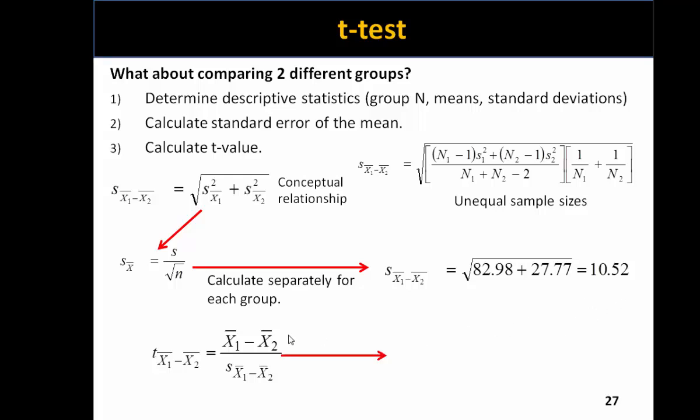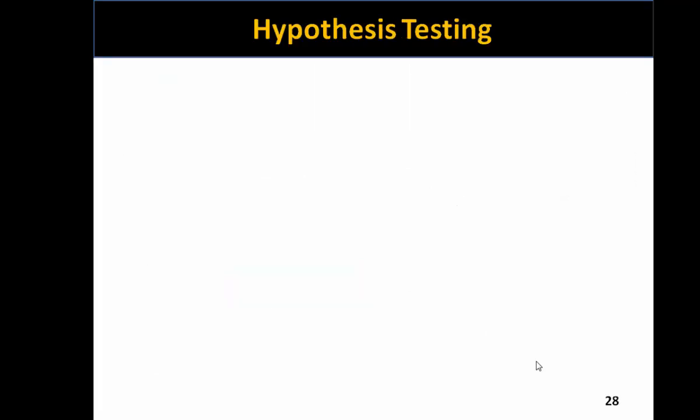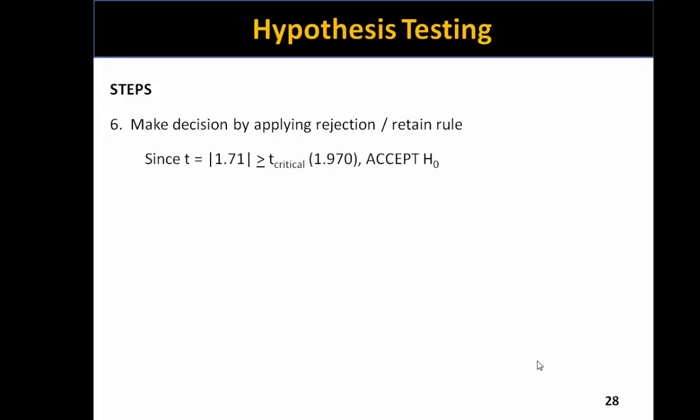And so substituting the numbers, we have 460, which was the average for the first group. We subtract 442, which was the average intelligence score for the second group. We divide it by the standard error of the mean difference of 10.52, and we end up with a calculated t-value of 1.71.